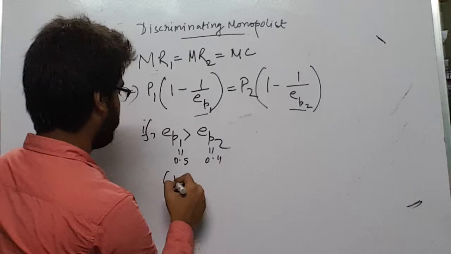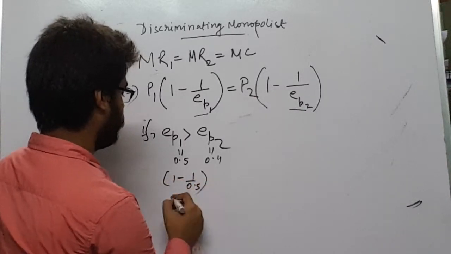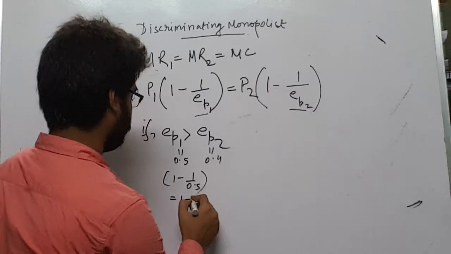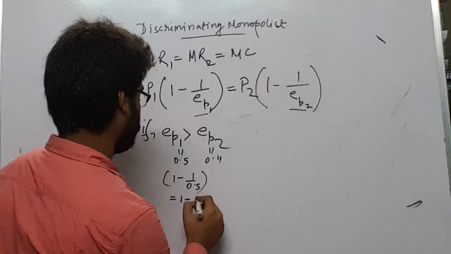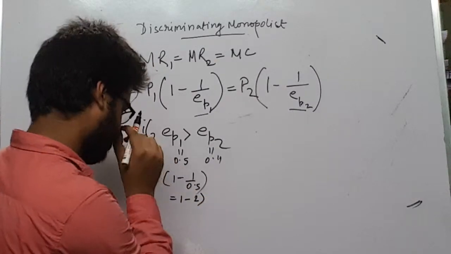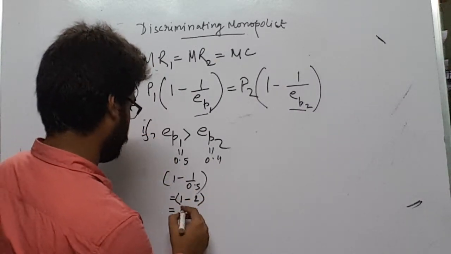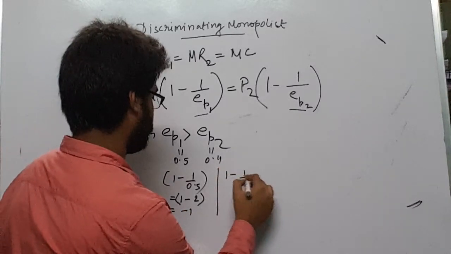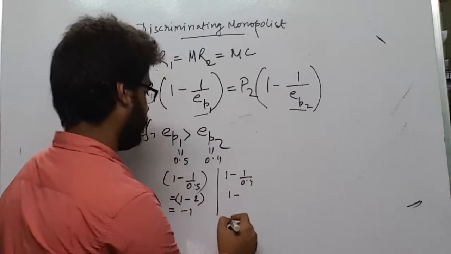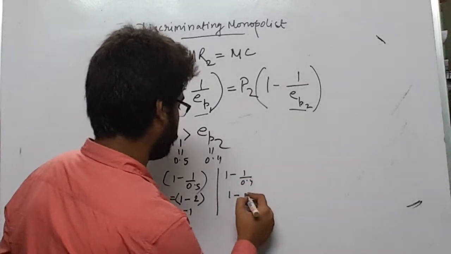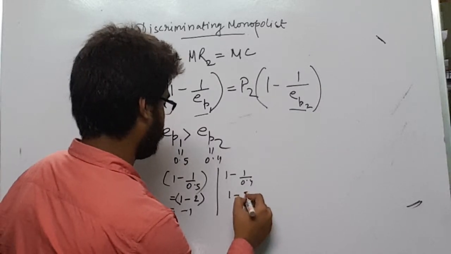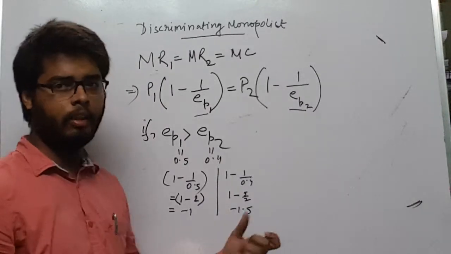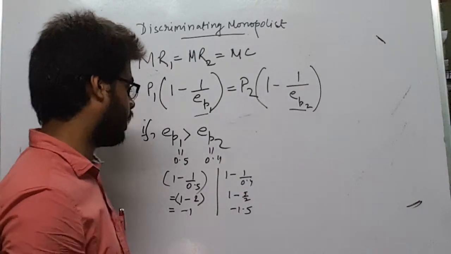This will become 1 minus 1 by 0.5, so 1 minus 2, which is minus 1, and this will become 1 minus 1 by 0.4, so 1 minus 2.5, which is minus 1.5. Price cannot be negative.